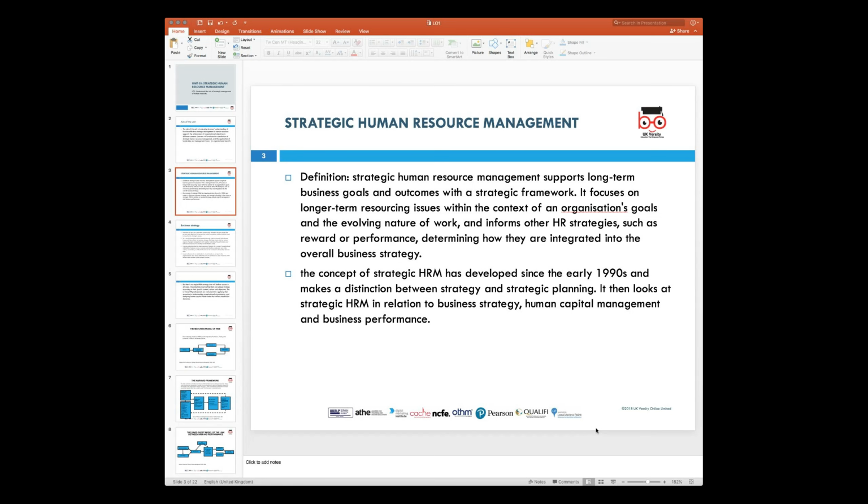So here, the main focus of SHRM is primarily to drive forward the business strategy of the organization, and to identify and best provide the human resources which will help in achieving that particular objective set by the organization.